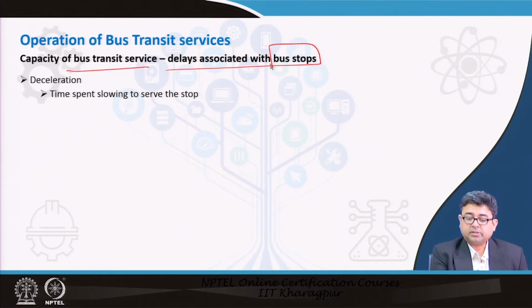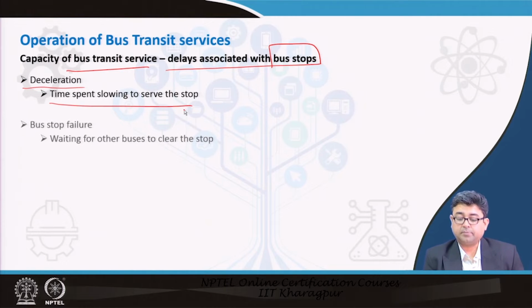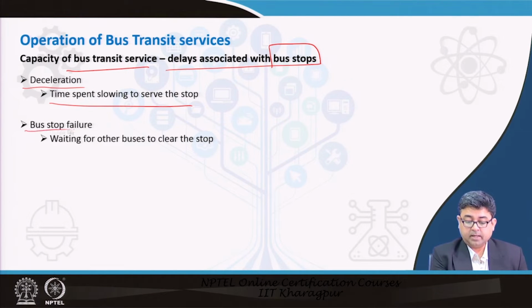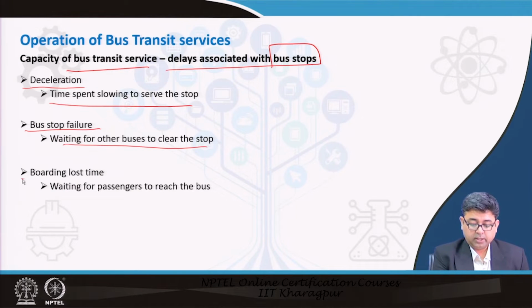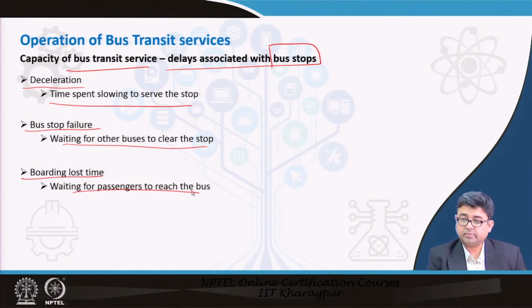Usually at the bus stops, buses decelerate, which is the time spent slowing down to serve the stop. There may be bus stop failure, which is waiting for other buses to clear the stop. Maybe there is no space for the incoming bus to stop because other buses are already at the bus stop. Then boarding lost time, waiting for passengers to reach the bus.